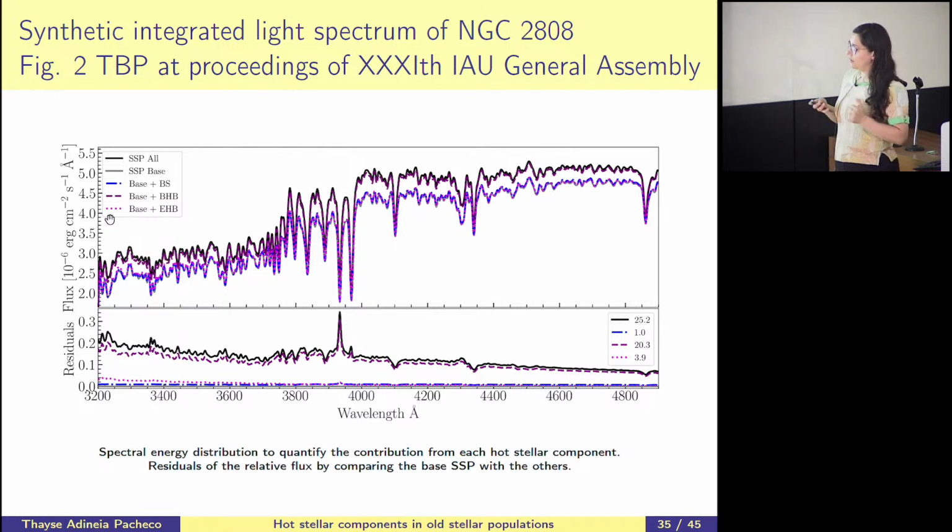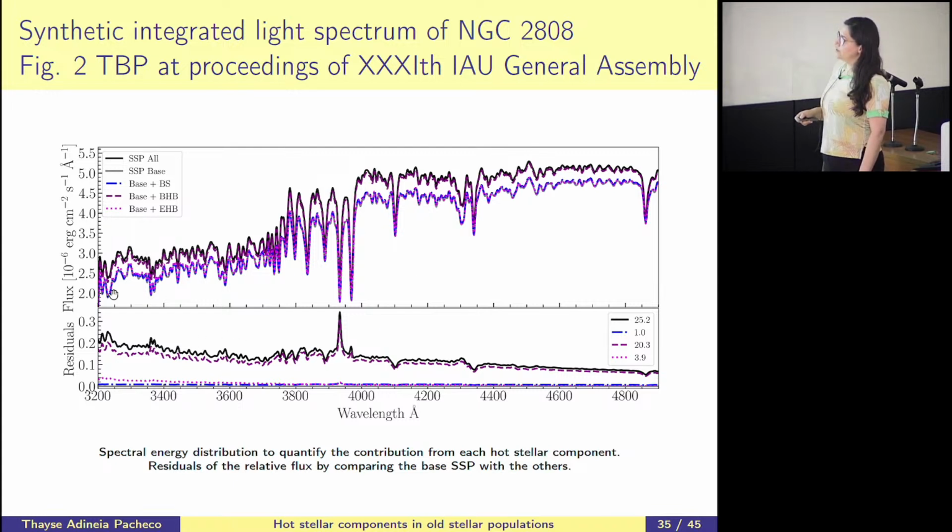And then I can estimate how much the inclusion of blue stragglers or blue horizontal branch or extreme horizontal branch are contributing to the total spectrum.